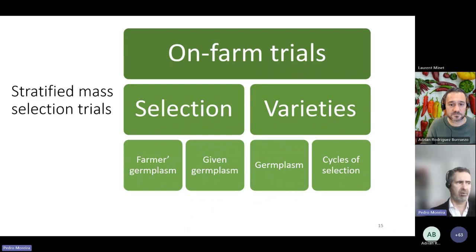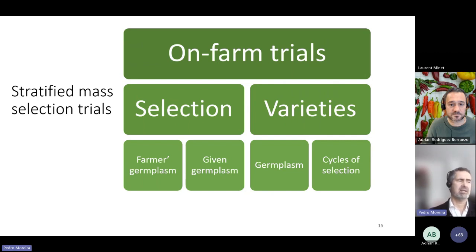your selection on your field. So we generally use mass selection, as Professor Adrian already mentioned, and we can also give some germplasm to the farmers if they are interested in some type of germplasm that we have.